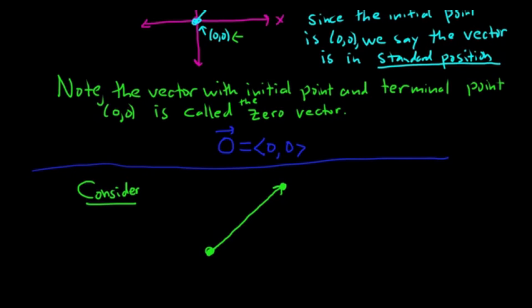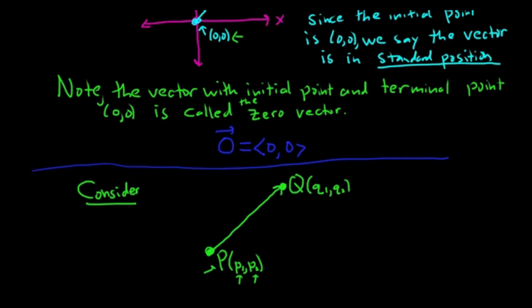And say the initial point here, we'll call it P. The coordinates of P, not components, sorry, are P1, P2. So the x-coordinate of the point P is P1, the y-coordinate is P2. Then here we have another point Q, this is our terminal point, and the coordinates of this point are Q1, Q2.